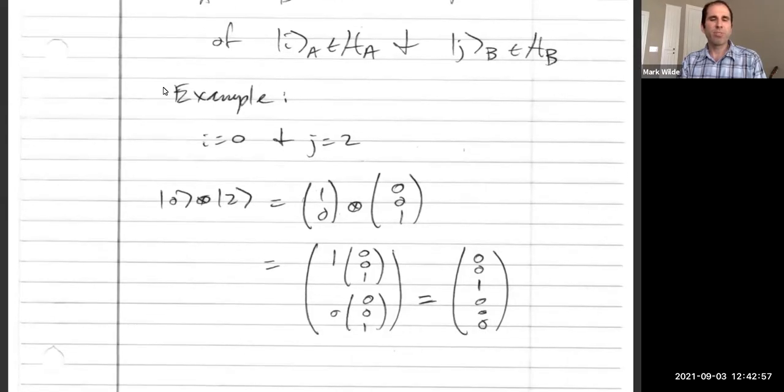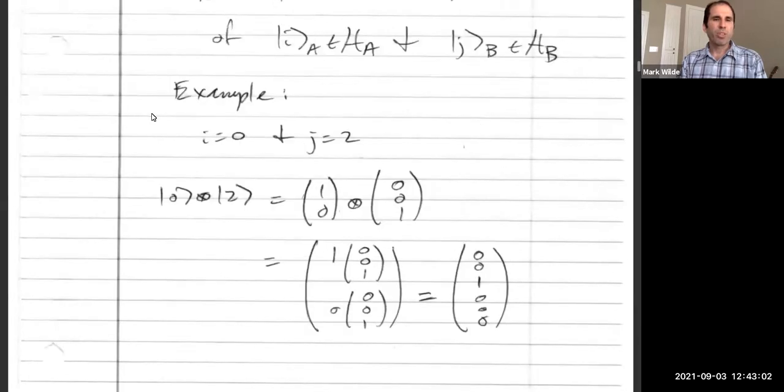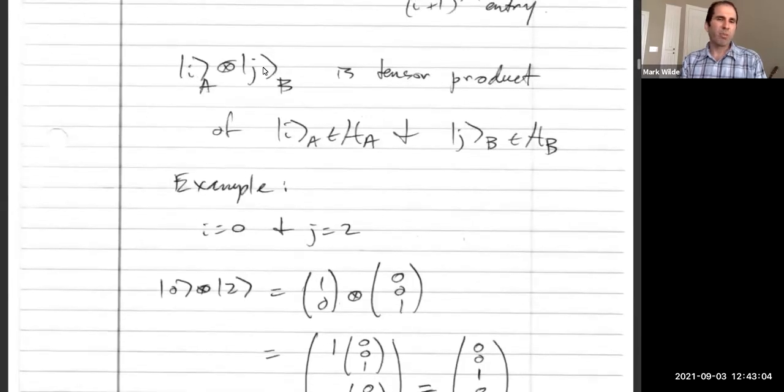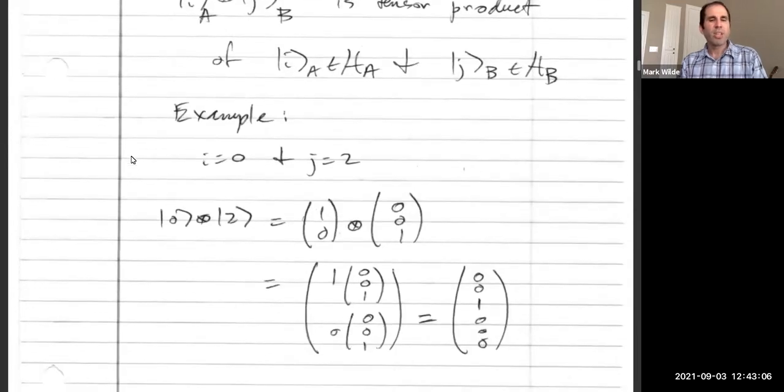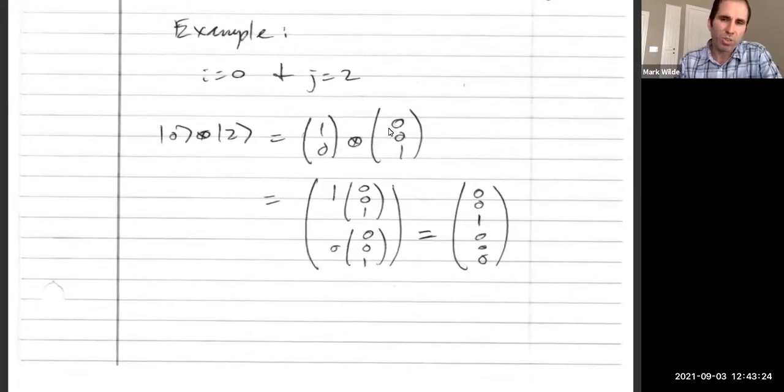Okay, so how is it defined? We'll start with a simple example. Suppose that these are standard basis elements like we defined previously, and suppose that HA is a two-dimensional Hilbert space and HB is a three-dimensional one. Then we could take 0 tensor 2. The 0 vector would have a 1 in the first slot, and the 2 vector would have a 1 in the last slot. To evaluate the tensor product, you take what's on the right and place it next to each entry of what's on the left.